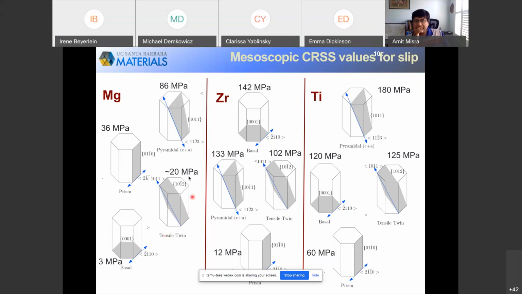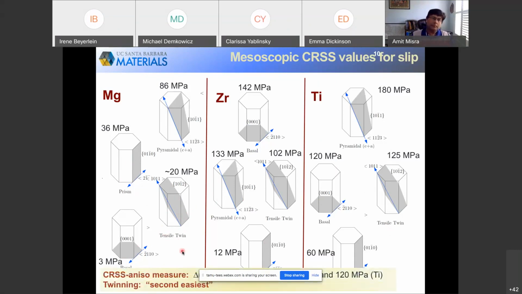So from manifestations of how much twinning occurs in materials, it must be the second easiest mechanism to accommodate deformation. In particular, it offers a way to accommodate C-axis deformation.